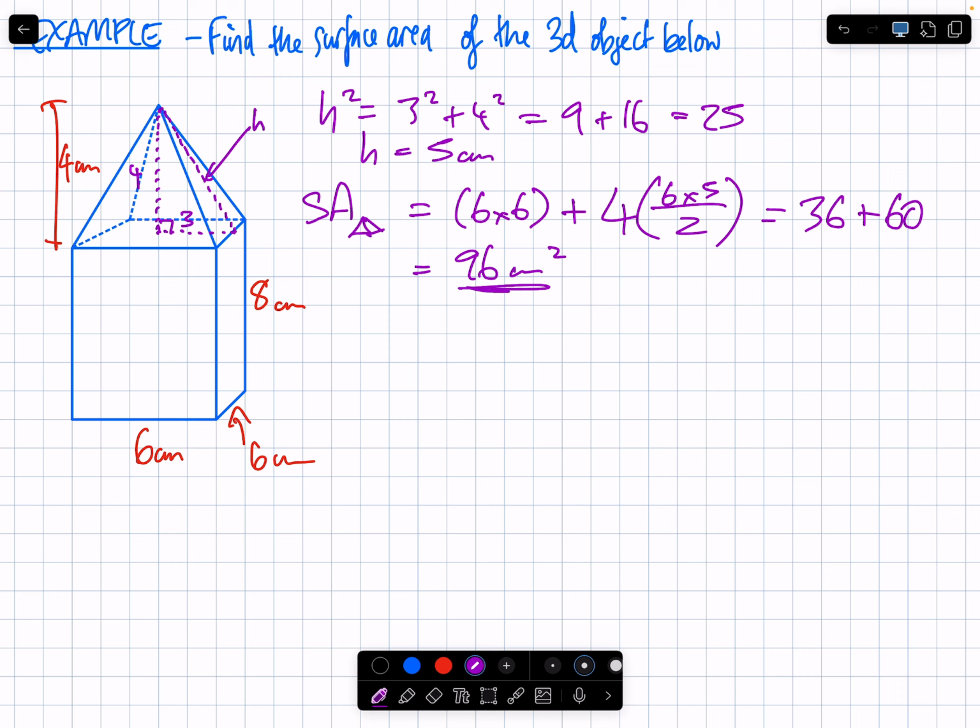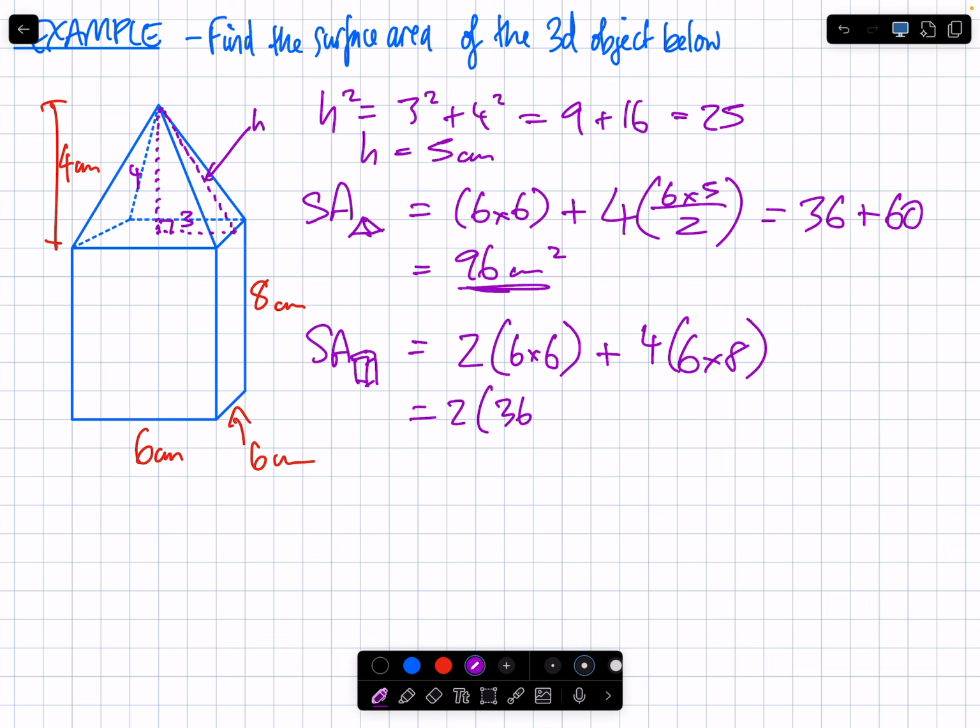Okay? So the surface area of the rectangular prism, 2 squares, 2 times by 6 times by 6. That's the 2 squares on the top and the bottom. And then 4 times by, what's the area of the rectangle is going to be? 6 by 8. 2 lots of 36 plus 4 lots of, I think that's 48.